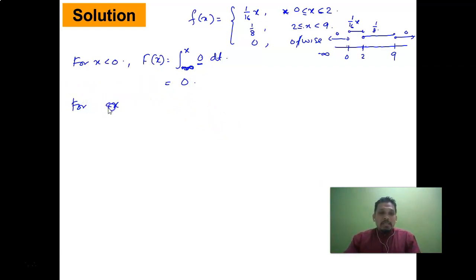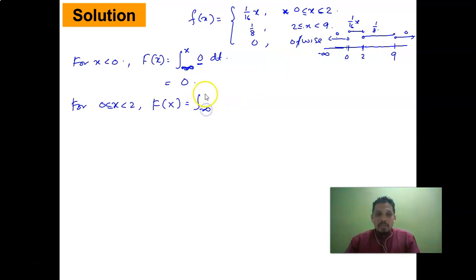For x lies between 0 until 2, the cumulative function F(x) here is the function in the domain from negative infinity until 0 plus the function from 0 until x, accumulating, adding up these two results.